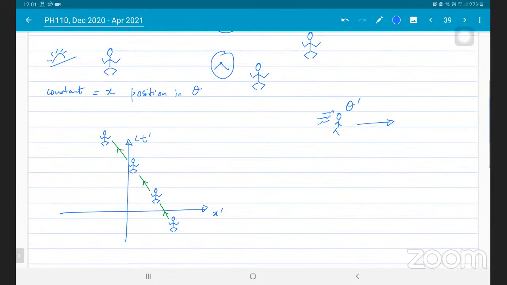Now the question is, how do I get this line? What is this line, right? This line is some x prime and some t prime.